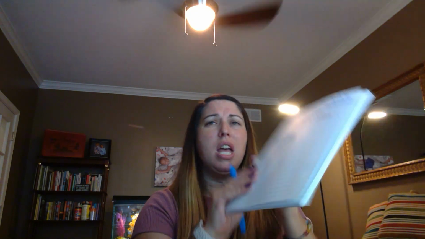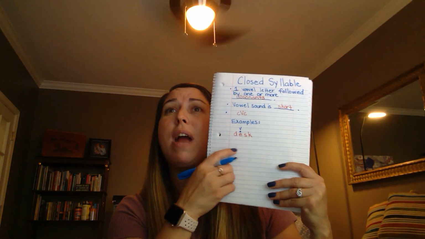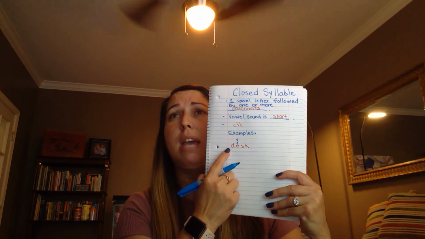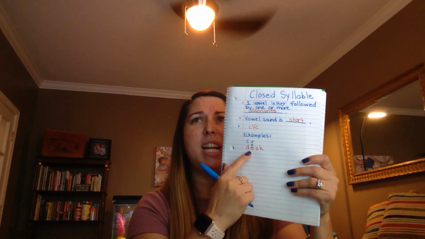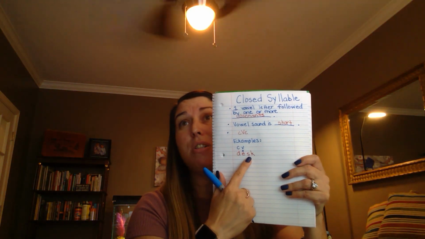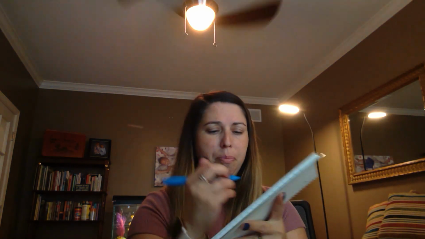Now let's look at the letters around the E. I know that this D is a consonant, so that comes before it, so I'll put a C there. I know that the S after it is also a consonant, and I also know that that K is a consonant.